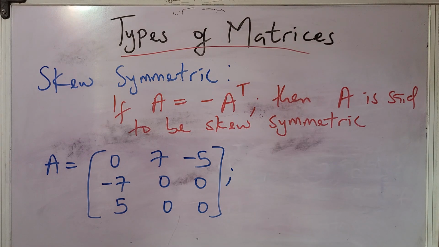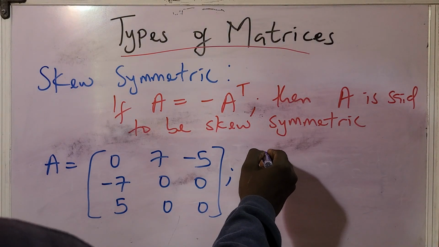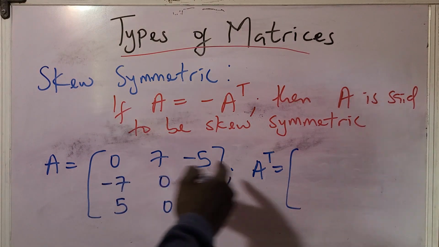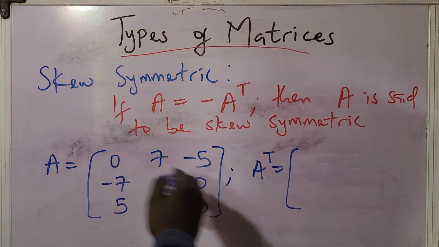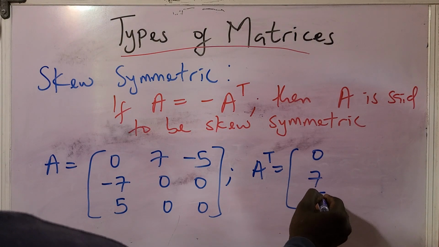Let's get into an example very quickly. Look at this matrix A. Let's go on to finding the transpose of this matrix A. You will obviously be interchanging the rows to the columns. So row 1 becomes column 1. We have 0, 7, minus 5.